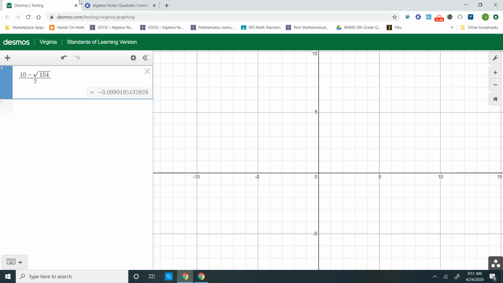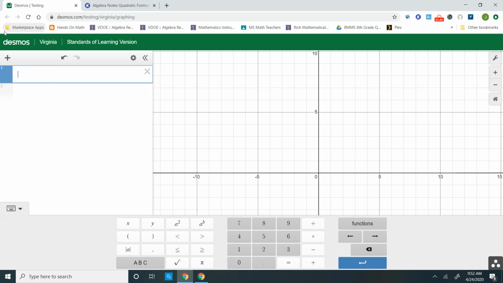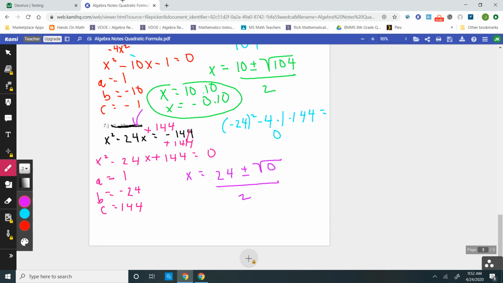So I'll just type the plus in first. You can do 24 plus the square root of 0, and then you can divide all that by 2. So your root will be 12 there, your solution or zero or root.